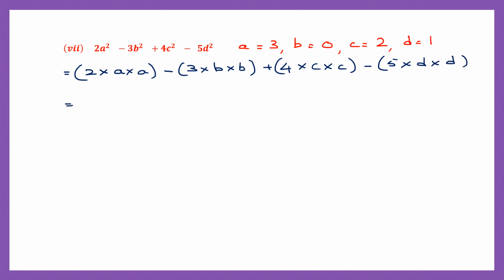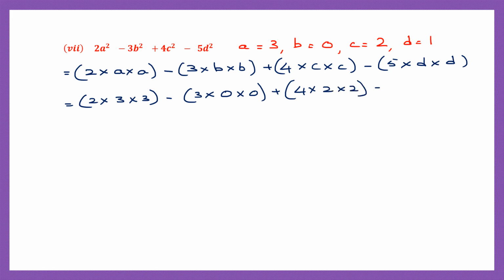Now let's substitute. 2 into a is 3. So wherever you have a, you put 3 minus 3 into b is 0. So substitute 0 plus 4 into c is 2 into 2 minus 5 into d is 1 into 1.